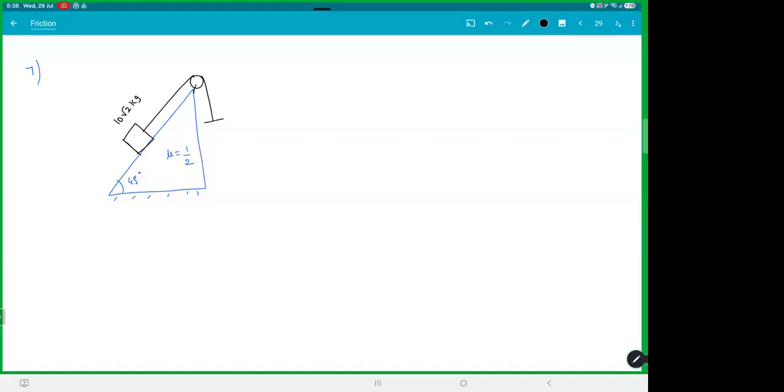This is connected here to a block of mass m. Find the value of m if the system is at rest. This is a good question, right? You will see variations of this later on in other chapters. So you have one block on an incline and one block hanging on the other side. Find the value of small m if the system is at rest.